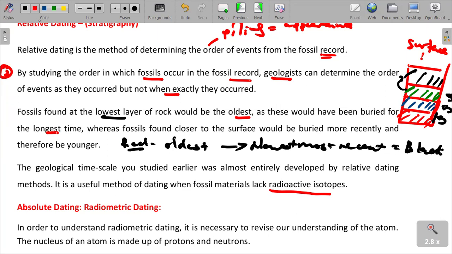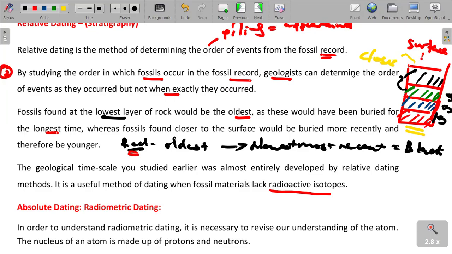According to our illustration, red is the oldest. It is found on the lowest profile. The black is found on the highest profile, which means it is closer to the surface. Hence, the red is the oldest.